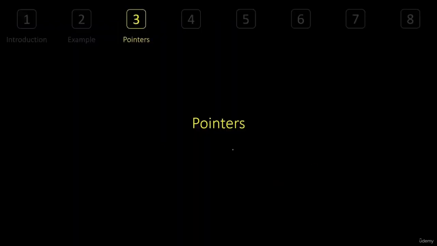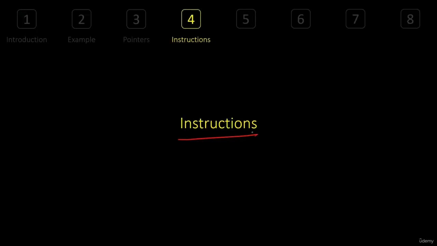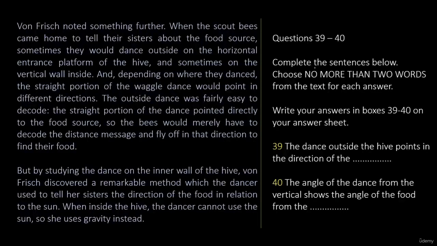But first, let's talk about the pointers, or the tips and tricks, which can help you find the answer easily. Eventually, we'll talk about the answers. The first one is definitely the instructions. We have been repeating it 10 times or maybe more. The reason is, without the instructions, you might not understand the number of words which are required.